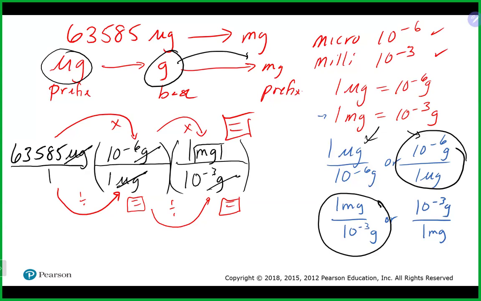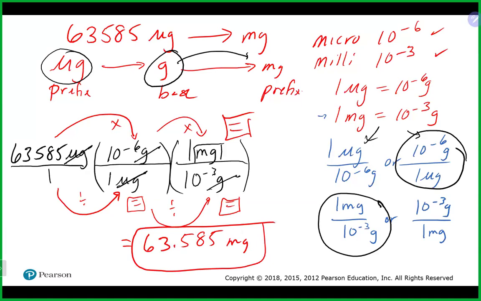It equals, divided by, again, the 10 to the minus 3 on the bottom is 1 times 10 to the minus 3. So 1, exponent button, negative 3 there on the bottom. All right, and if you do all that, as was correctly said, I think 63.585 milligrams would be our answer in this case.